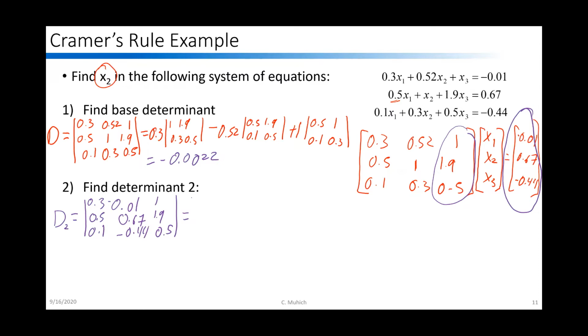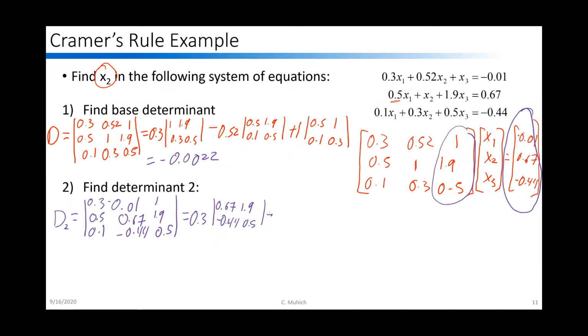We're going to take that same approach. We take the A11 case, so 0.3 times the determinant of the remaining pieces, which is 0.67, 1.9, negative 0.44, 0.5, minus that element in that first row.